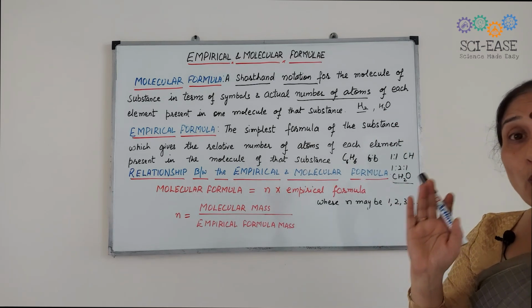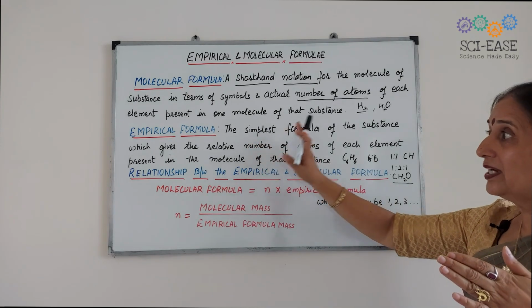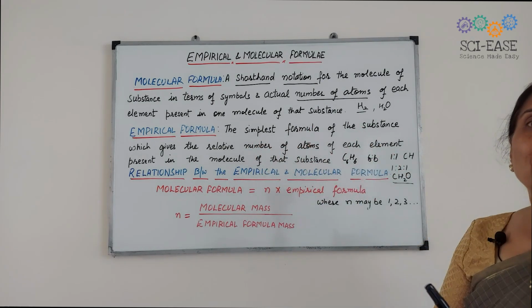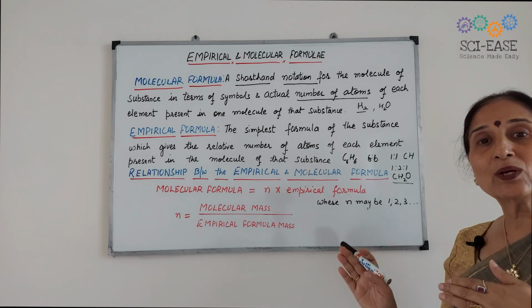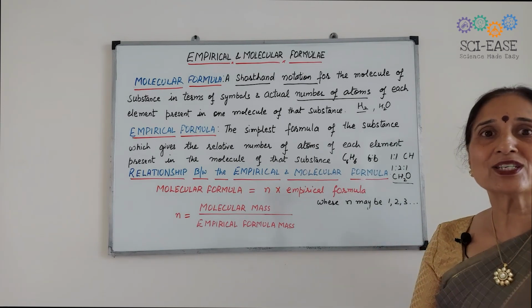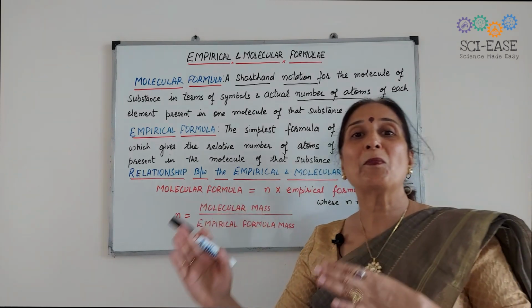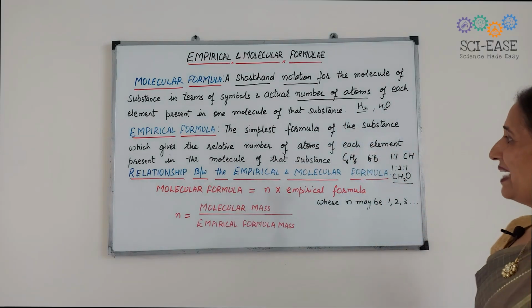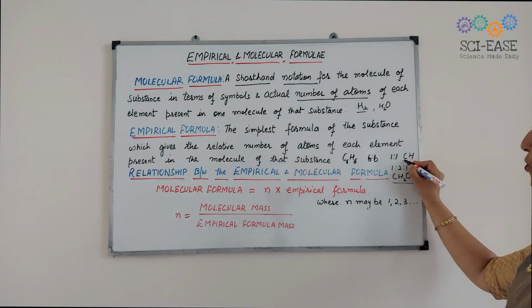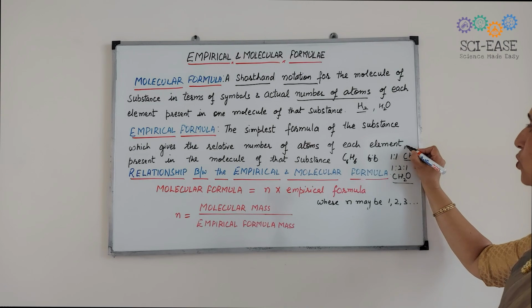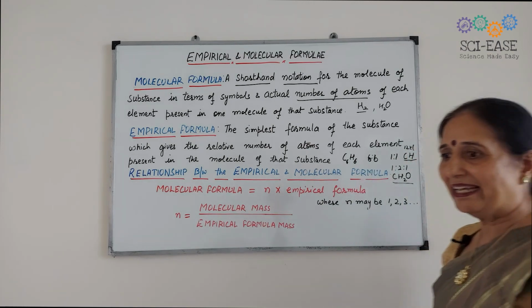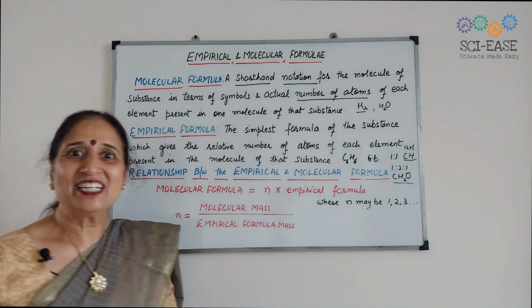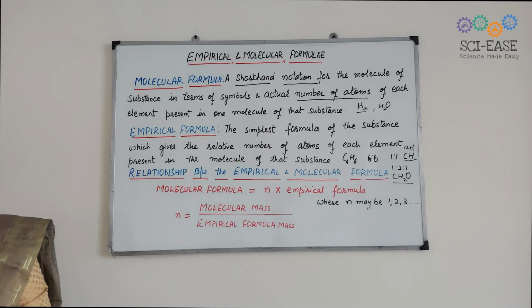So, what is the mass of the empirical formula? How can we calculate it? That is known as the formula mass. For benzene, it will come out to be 12 plus 1, that is 13.